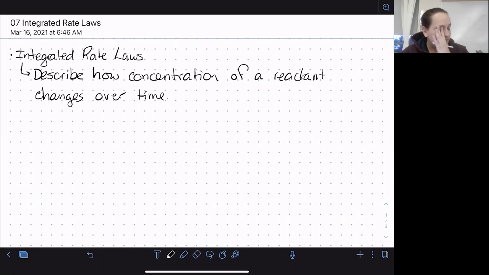The rate laws that we've written previously describe how rate changes with concentration, but it's a single snapshot in time. Time is not a factor in that. This will allow us to determine what our concentration is going to be at any point in time.